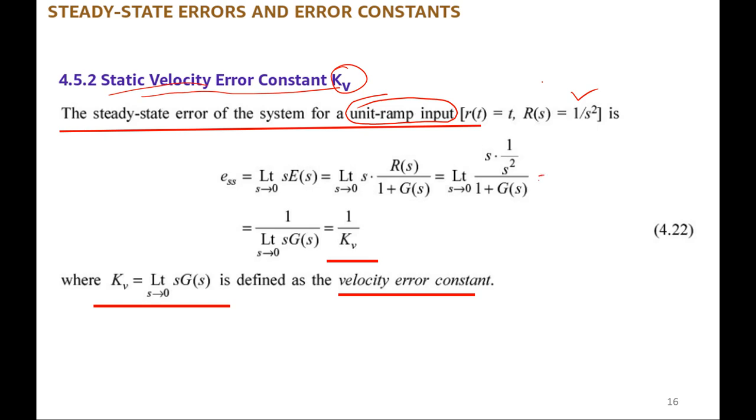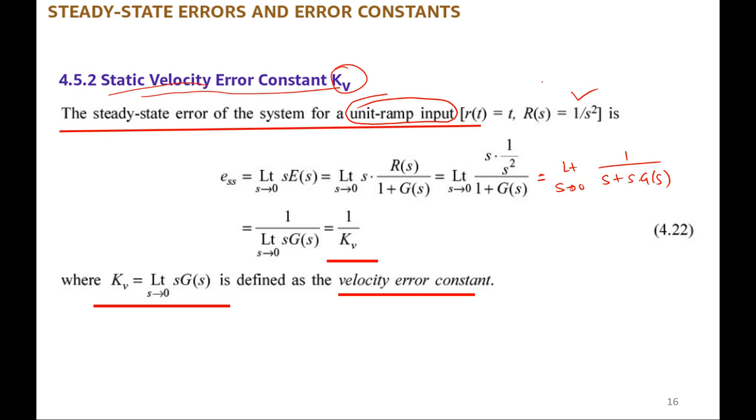So let me rewrite it here once again. Limit s tending towards 0. S and s will get cancelled, and I get 1 by s. So what will I do? I will multiply the 1 by s with this s in the denominator: s into 1 is s, plus s into G of s. Then I will apply the limit. So limit s tending towards 0 of 1 divided by, if I substitute s equal to 0, this will vanish.